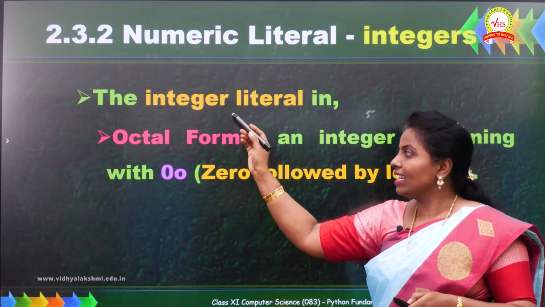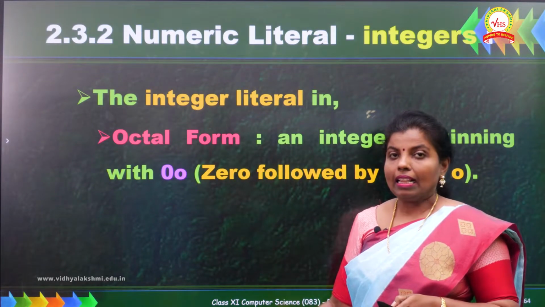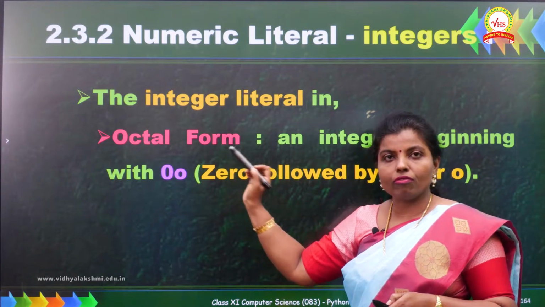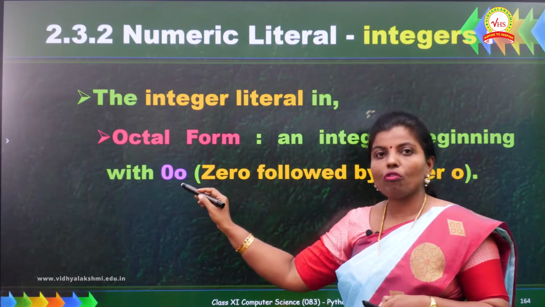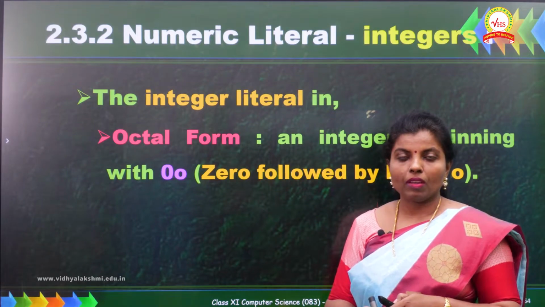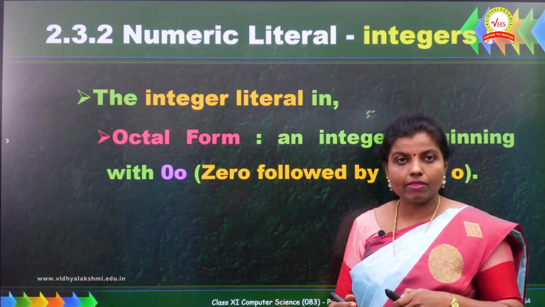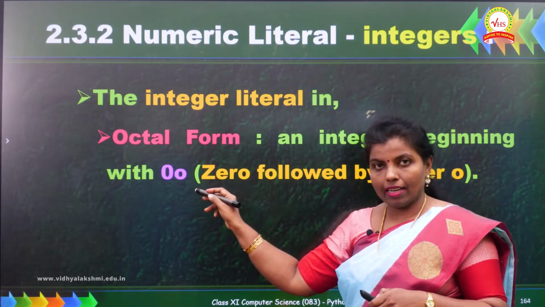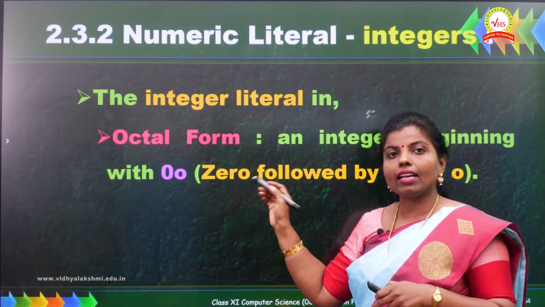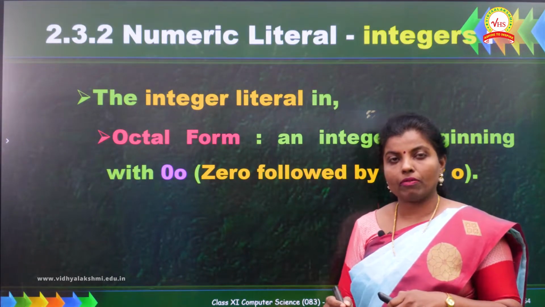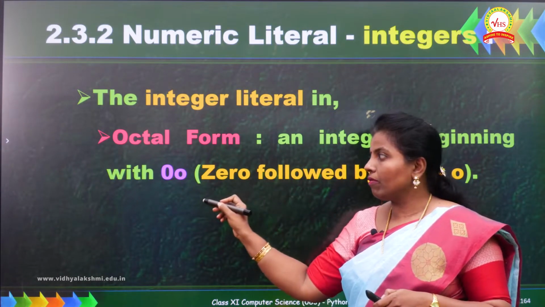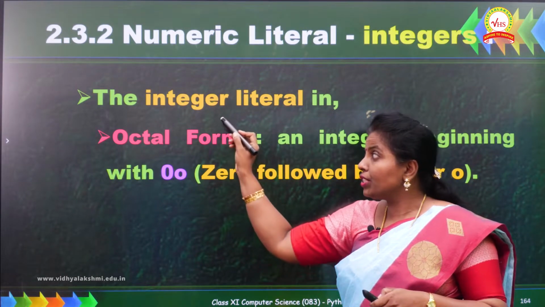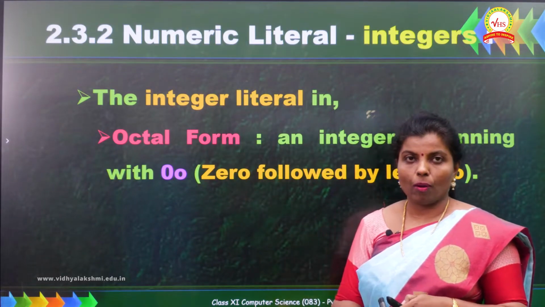Let us see the integer literal in octal form. The integer literal in octal form consists of an integer beginning with 0 followed by the letter O. If a number begins with 0 followed by the letter O and after that any valid combination of numbers between 0 and 7, then that number will be considered as an integer literal in octal form.